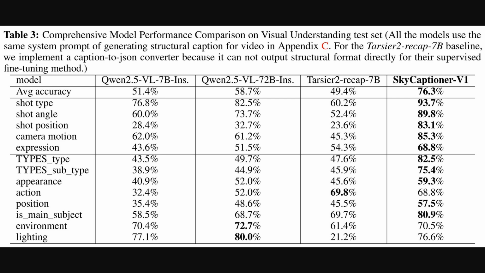And you can see SkyCaptionerV1 achieves the highest average accuracy, a solid 76.3% across various attributes. It's particularly strong in understanding cinematic details, like shot type and shot angle. This superior ability of SkyCaptionerV1 to describe video content is fundamental to SkyReels-V2's success in following complex prompts.